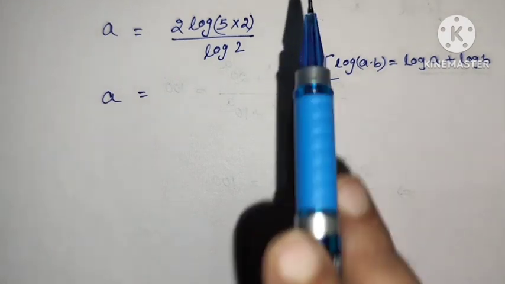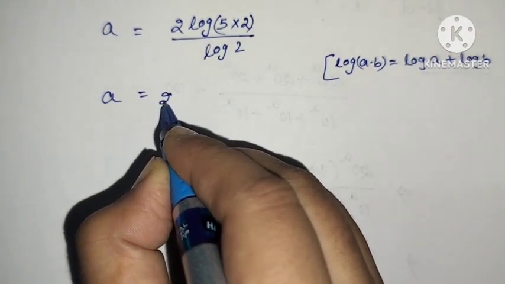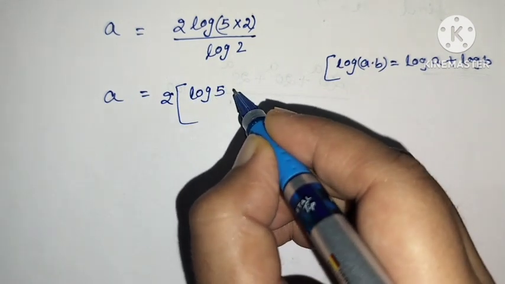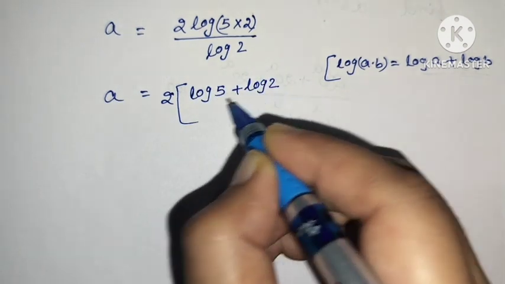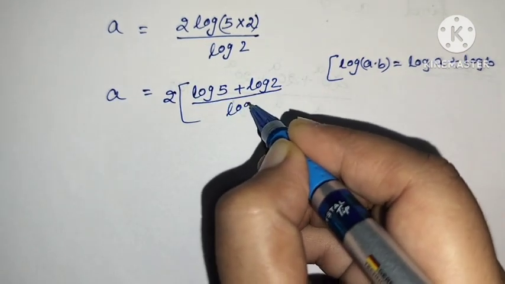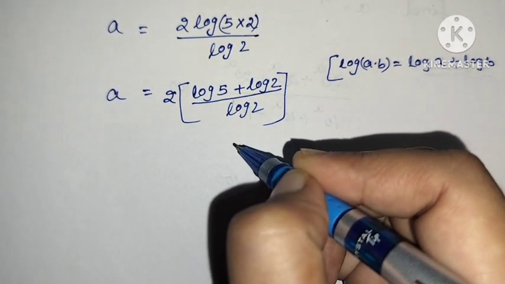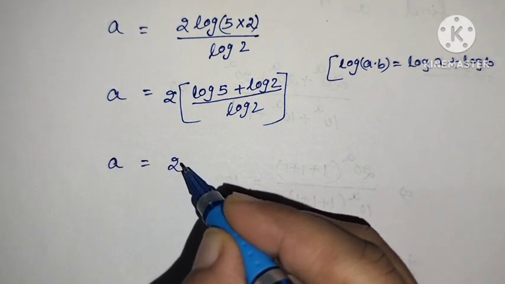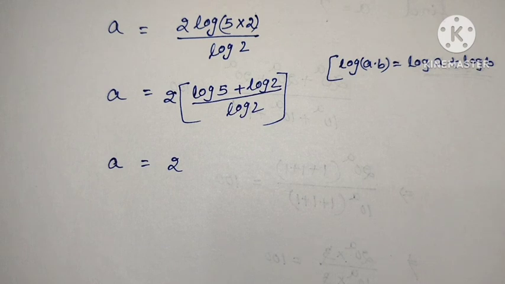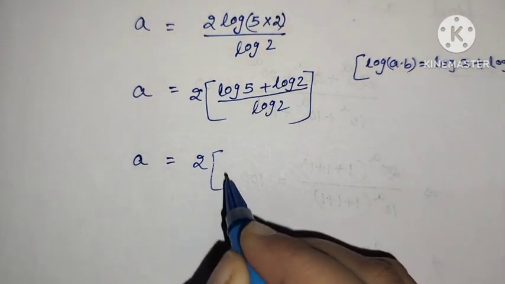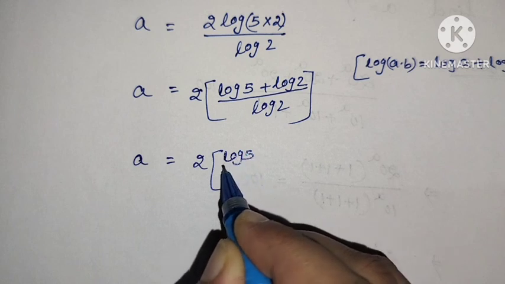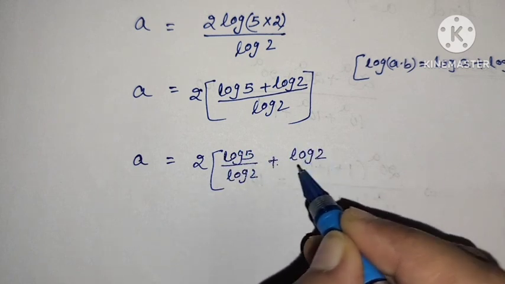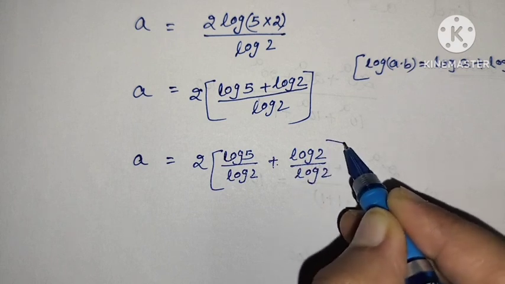We apply here. 2 into log 5 plus log 2 divided by log 2. a is equal to 2 log 5 by log 2 plus log 2 by log 2.